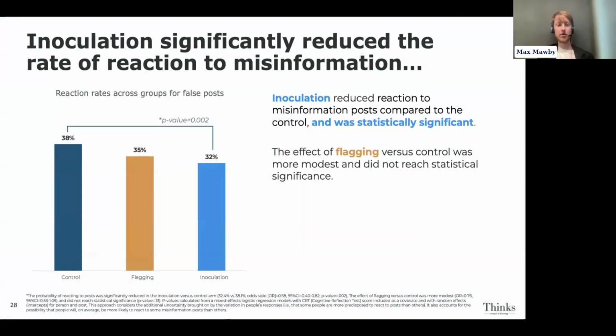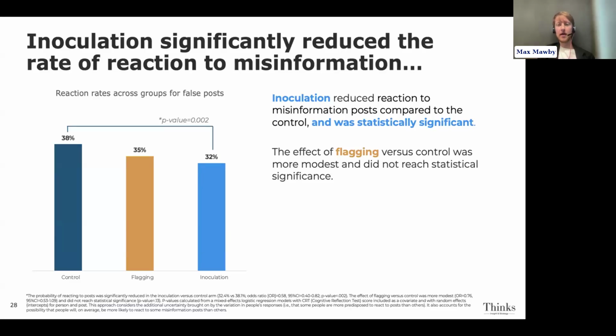I'm just going to show you. So when you chart it as a simple bar chart, you have 38% who are reacting to false posts in the control, and you see a significant drop to 32% in the inoculation, which is fantastic.